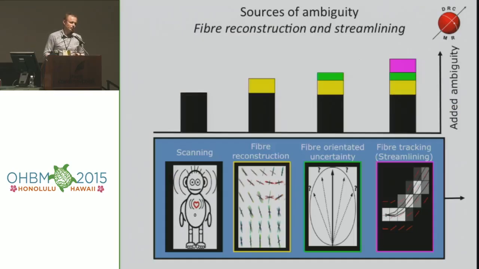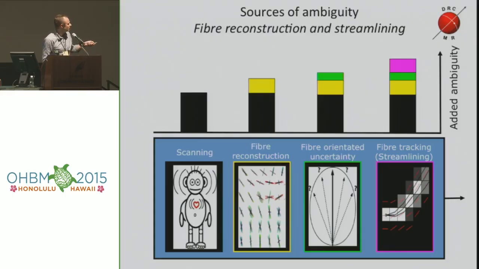We have briefly been talking about the different sources of ambiguity that Alex was talking about today. I'm trying to map out, through the tractography pipeline given the different stages, how the different sources of ambiguity accumulate throughout the pipeline.